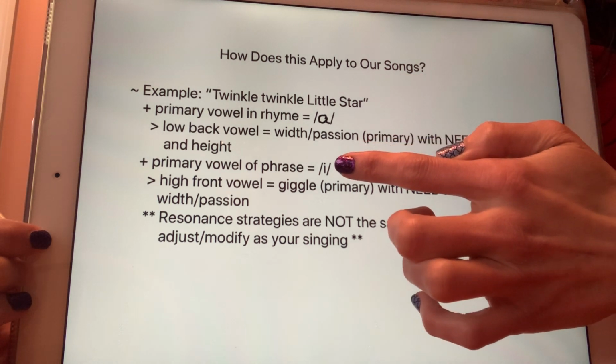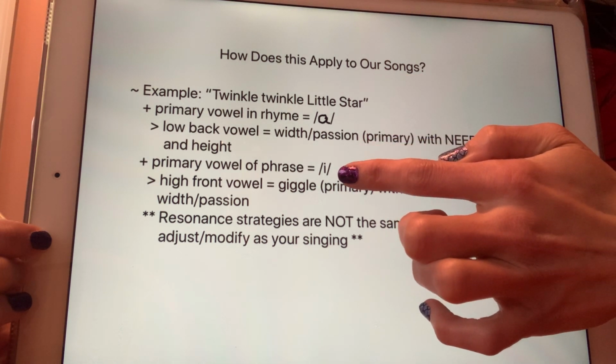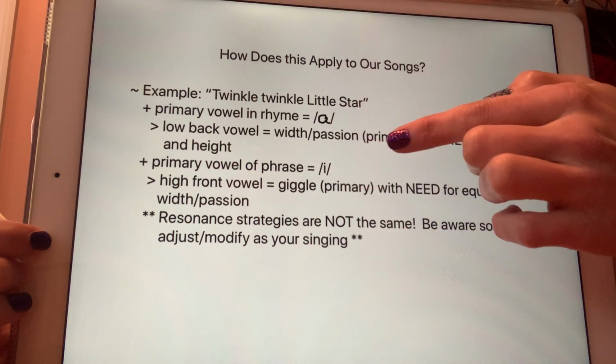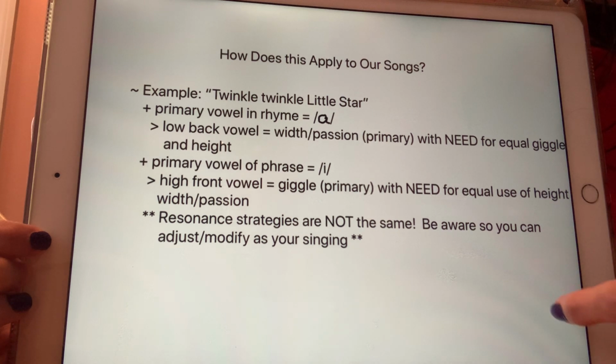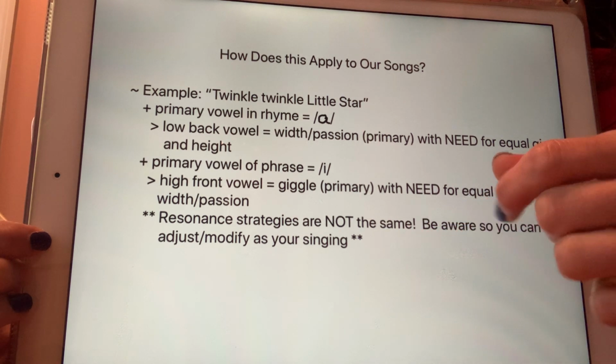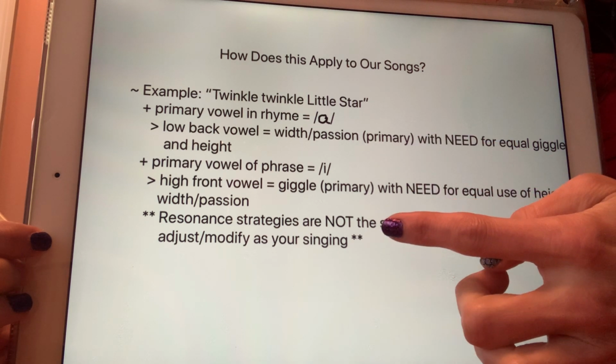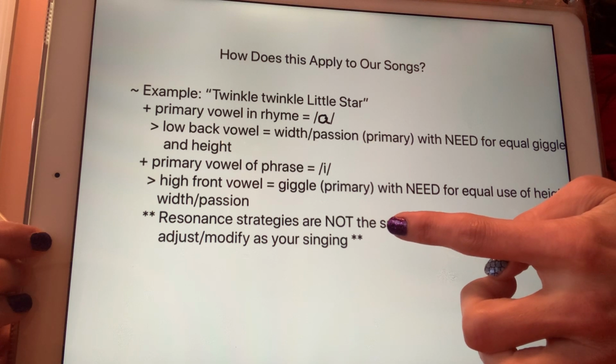But in twinkle, twinkle, the primary vowel of the phrase is E, which is a high front vowel. It's completely opposite. Remember our vowel chart. It's completely opposite from ah, which is back here, to E, which is up here. So when that's the primary vowel of the phrase, it's the high front vowel in that giggle space primarily.